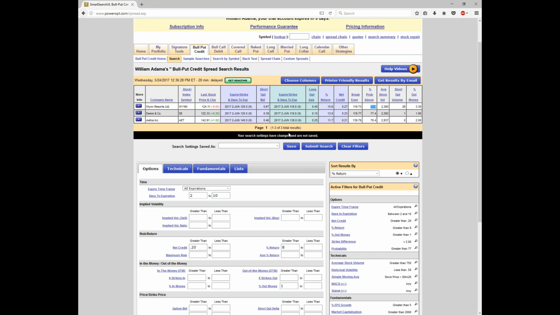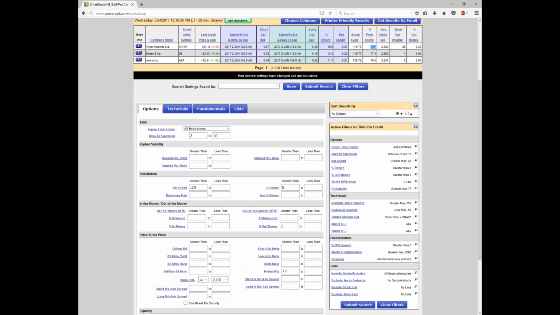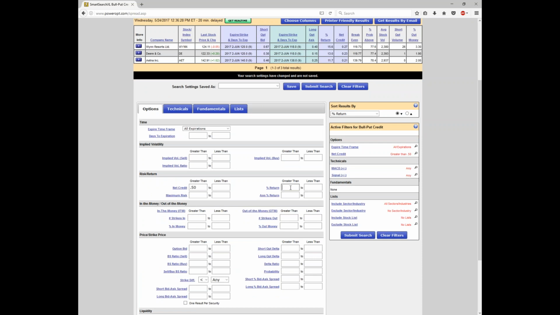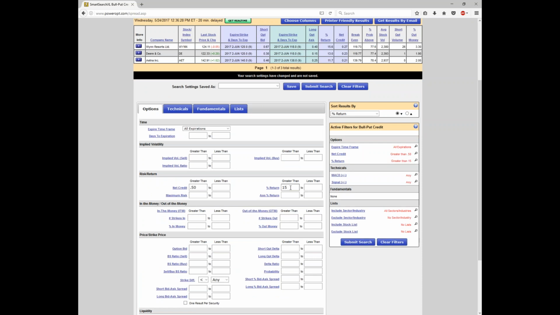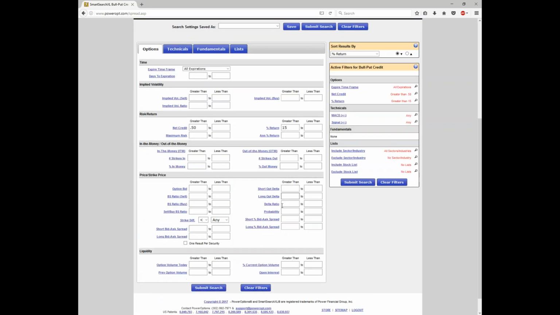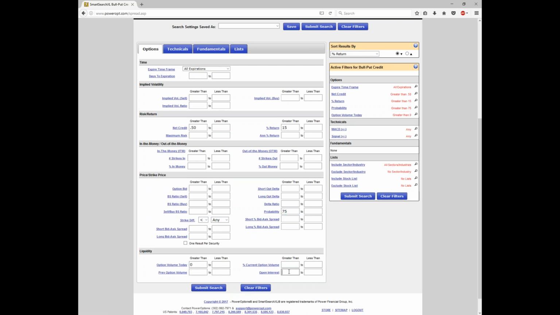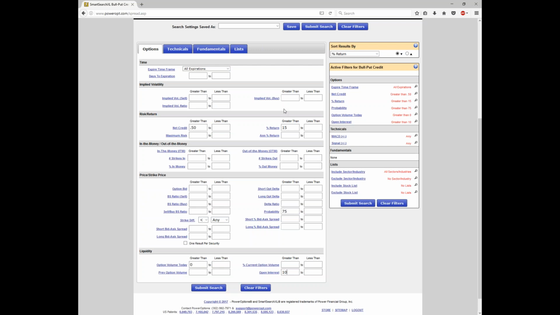Now, some of you may have a very different restriction, where you might want to look for weekly options with a net credit of 50 cents, a return of, let's say, 15% or more for a weekly option, and a probability still of 75% or more, with at least some activity, at least open interest of 10, but without any stock restrictions.